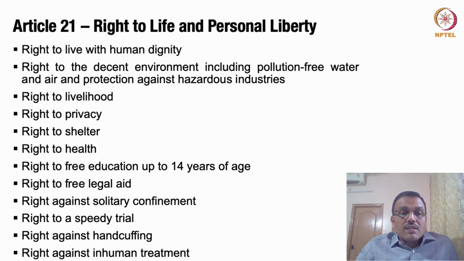So, interestingly, the first among the cases in which right to privacy was brought into highlight happens to be the case of Kharak Singh versus the Union of India. Sorry, Kharak Singh versus the State of UP. It was a case of 1964, and in this case, what had happened is the petitioner was accused of dacoity, but later on he was acquitted because of lack of evidence.